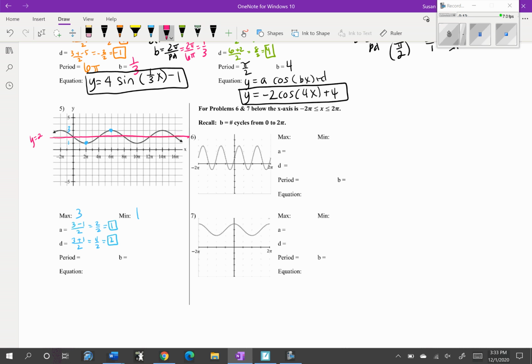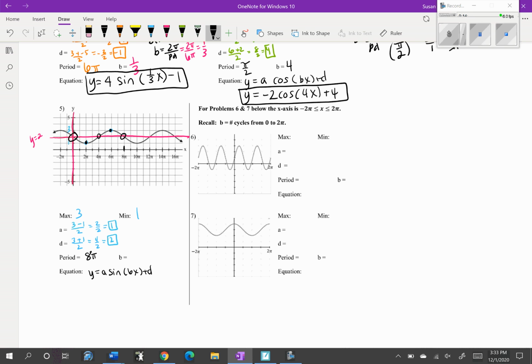And again, you should be able to count up 1 and down 1 from the midline. So on the y-axis, our graph starts on the midline. So that means this is a sine equation. And if I count my 5 key points, 1, 2, 3, 4, 5, we are at 8 pi.